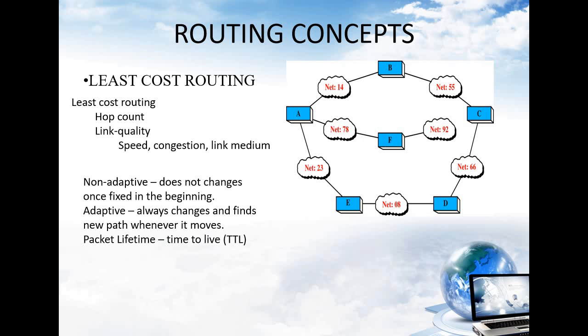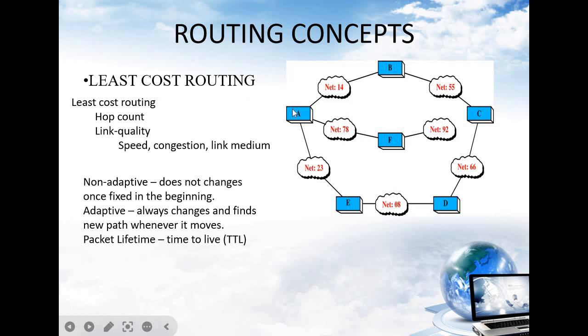See the diagram. In least cost routing, we use the hop count and the link quality, speed, congestion and link medium. We have routers A, B, C, D, E, F, and the network IDs are 14, 78, 23 like that.